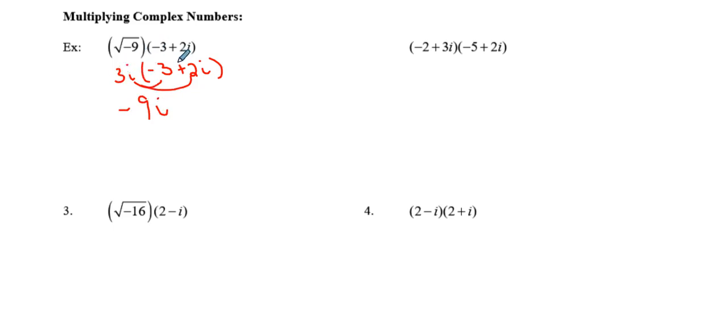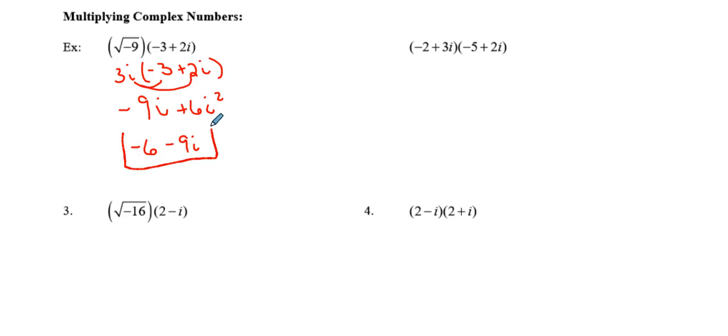And then when I multiply the 3i times the 2i, that gives me positive 6i squared. That takes us back into that i squared issue, and i is the square root of negative 1. So the square root of negative 1 squared is negative 1, which is going to make that a negative 6. So I end up with negative 6 minus 9i.